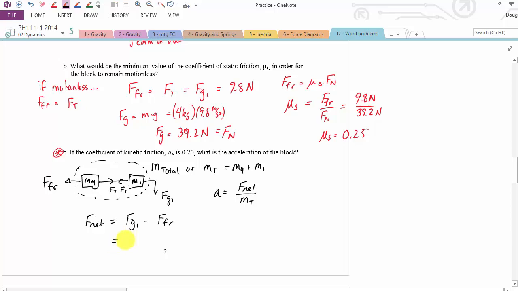Fnet hasn't changed, that's 9.8 newtons. And force of friction is mu k times Fn. So they told us mu k. Fn hasn't changed, it is still 39.2.